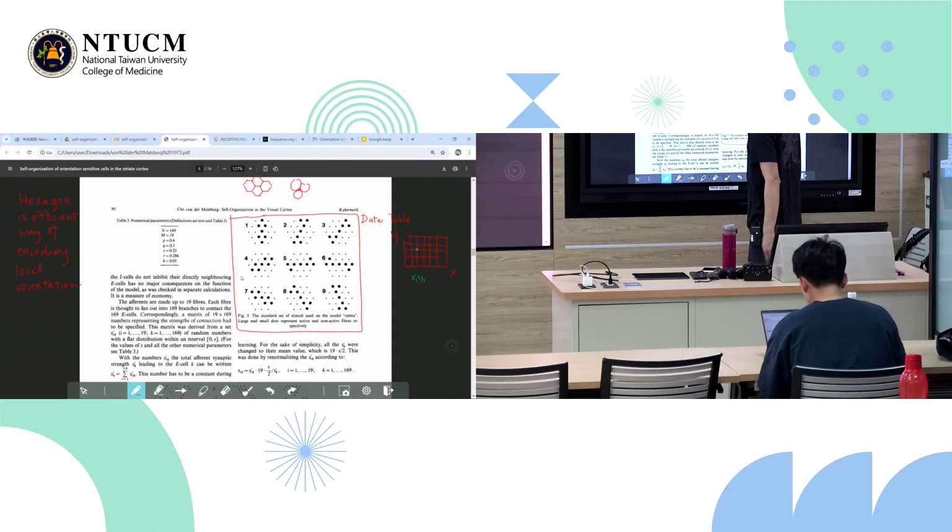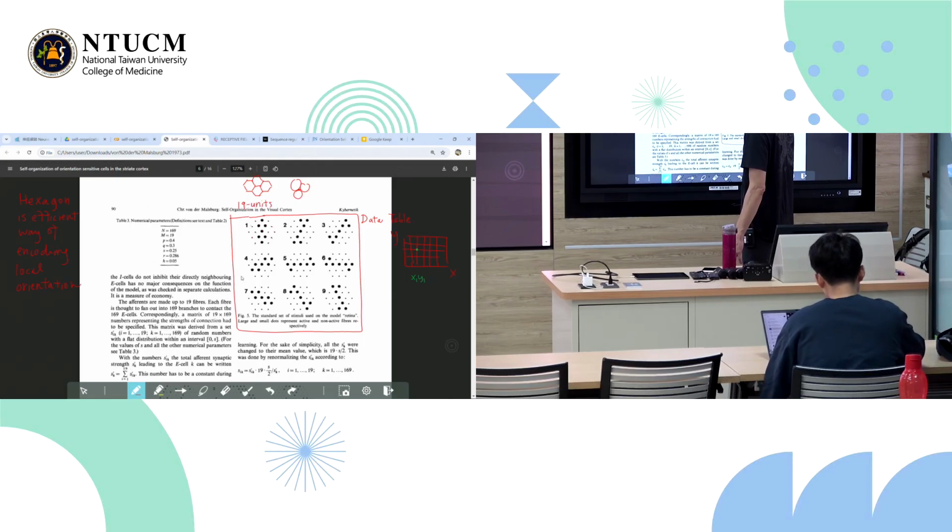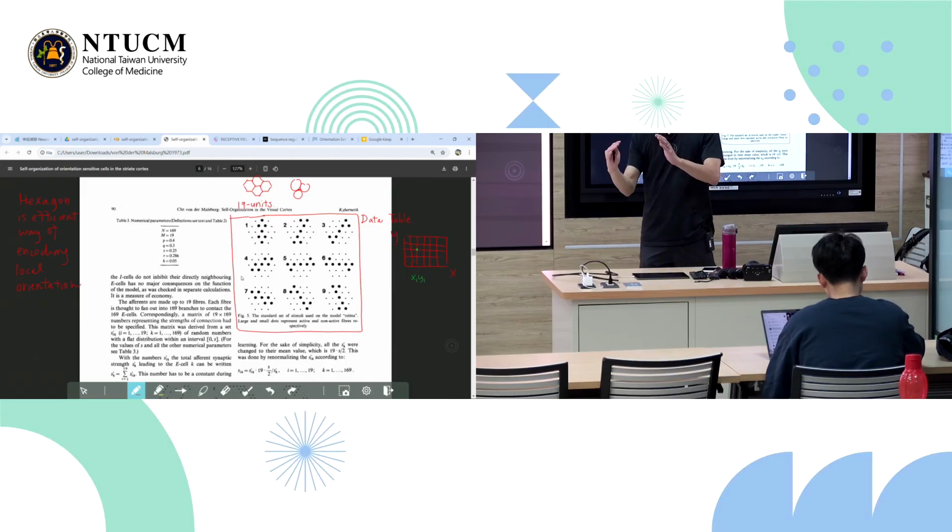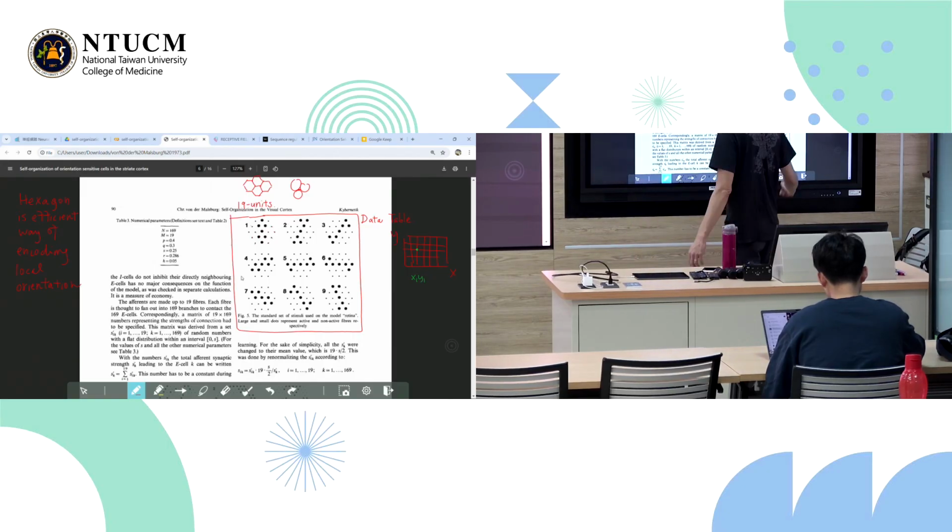How so? Each hexagon has 1, 2, 3, 4, 5, 6, 7, 8, 9, 10, 11, 12, 13, 14, 15, 16, 17, 18, 19. Okay? Each hexagon has 19 units in question. And there's always just 19 units. But this is the input data table, by the way.